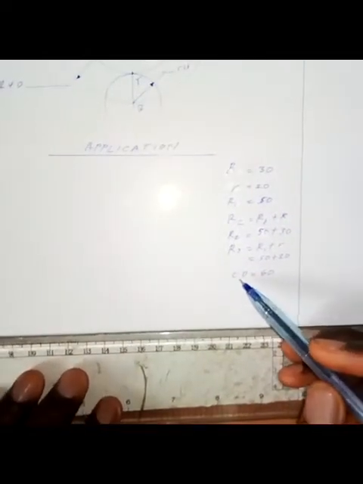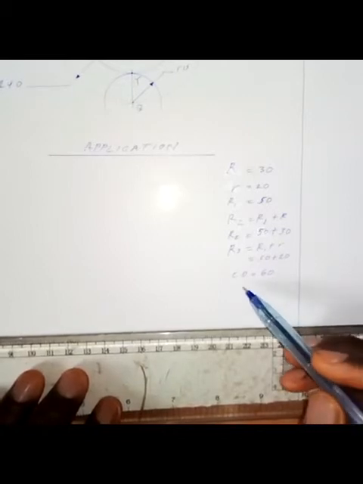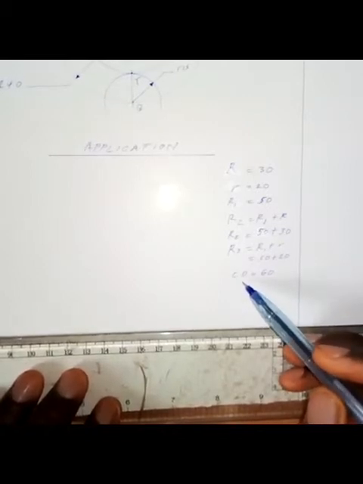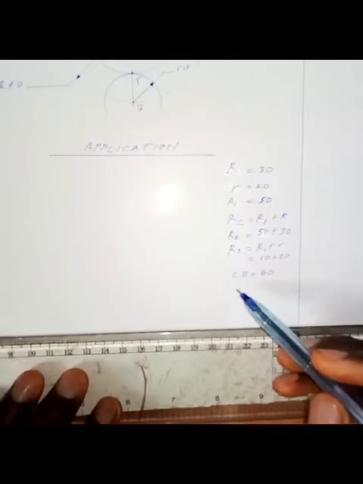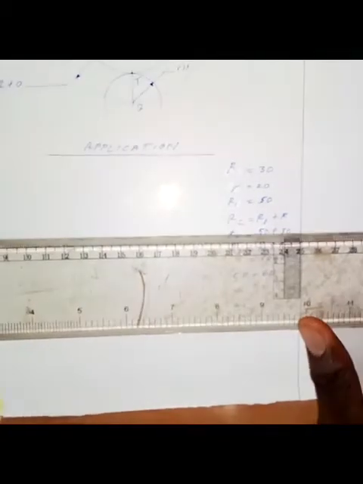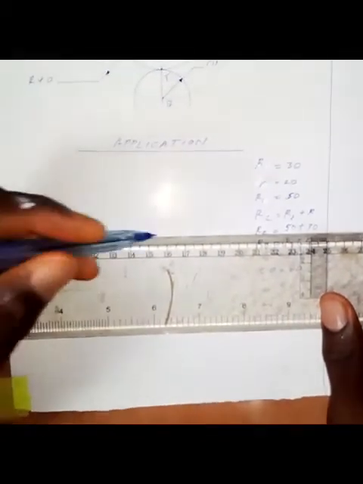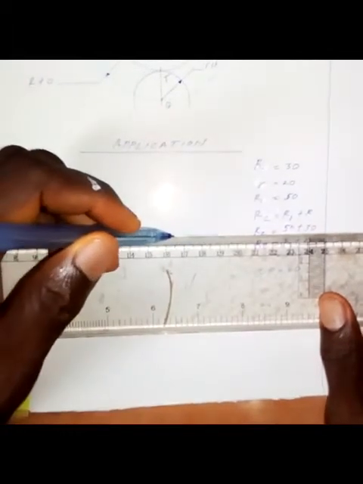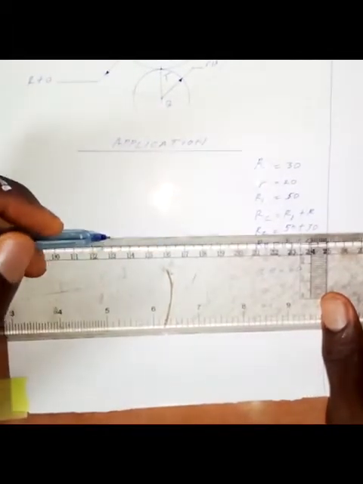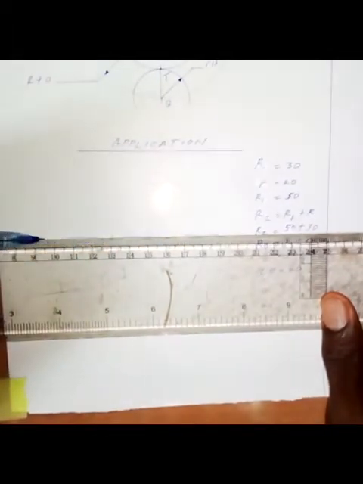Another thing that we need here is the center distance. I represented it with CD. The center distance is the distance between the centers of the two circles. So the first thing I'm going to do here is to draw a center line. Okay, so this is a center line.